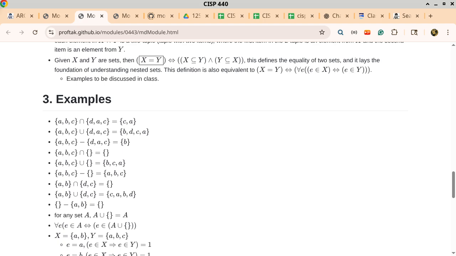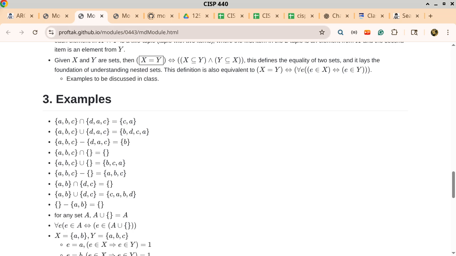The intersection between a set that has A, B, C as elements and a set that has D, A, C as elements is a set that has C and A as its elements. This is the intersection.